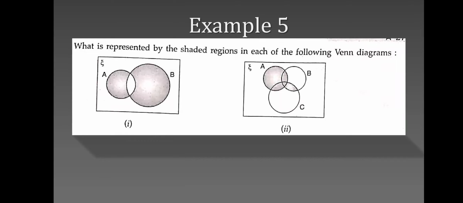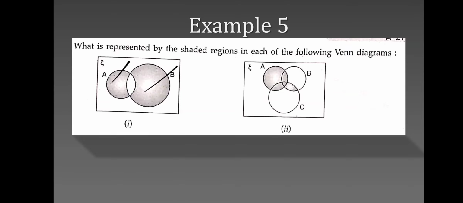What is represented by the shaded region in each of the following Venn diagram? Now, this is something which we have to understand. See, the first one, this portion means A minus B, as we have already discussed. This portion means B minus A. This is also something we have discussed.